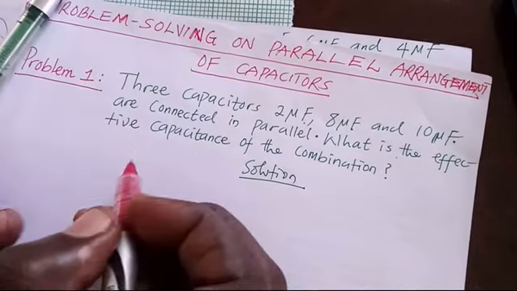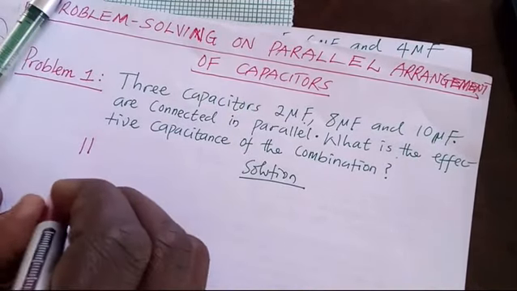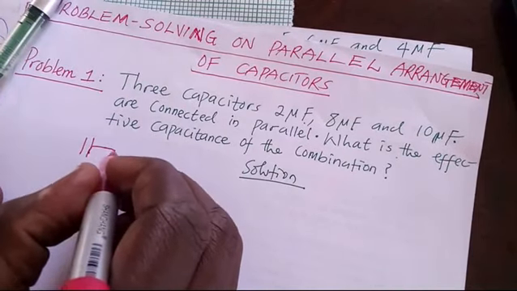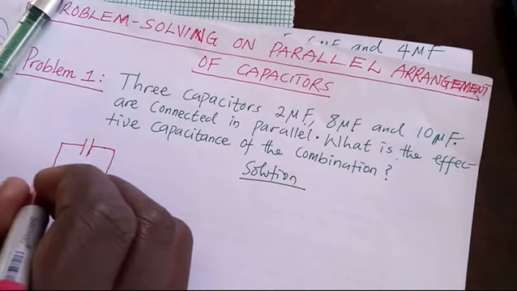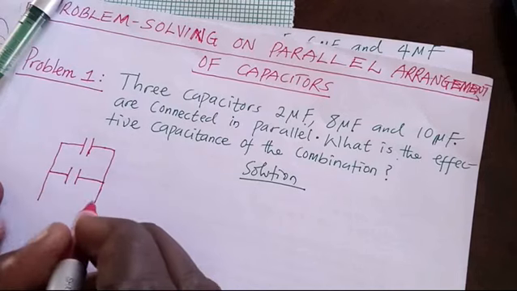You have 3 capacitors. So let's say this is the first capacitor. You can also arrange them, you can also draw it like this. You see, this is the second capacitor.